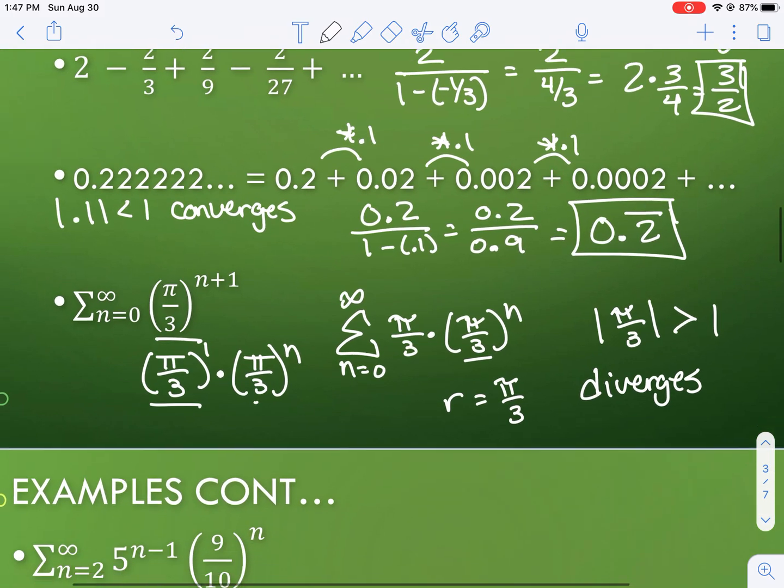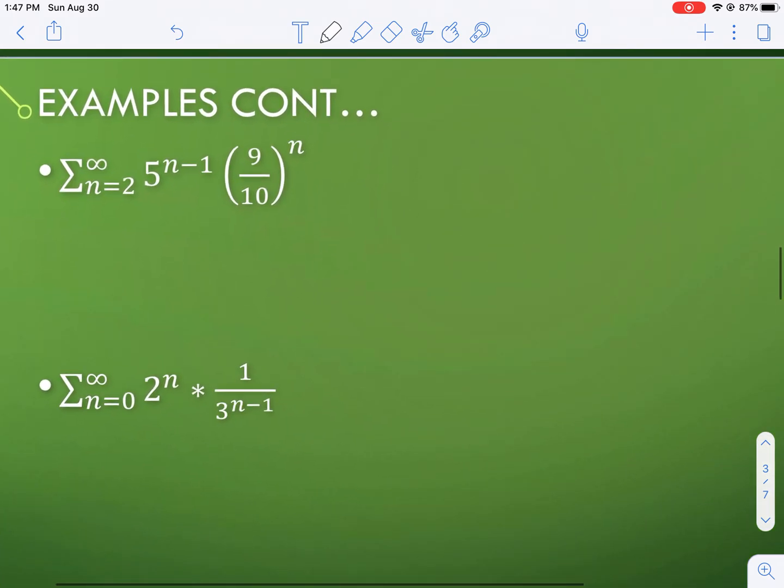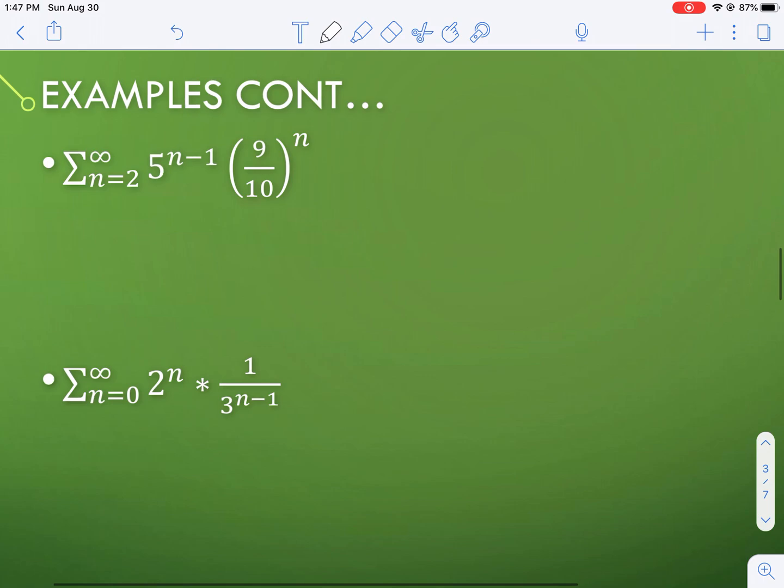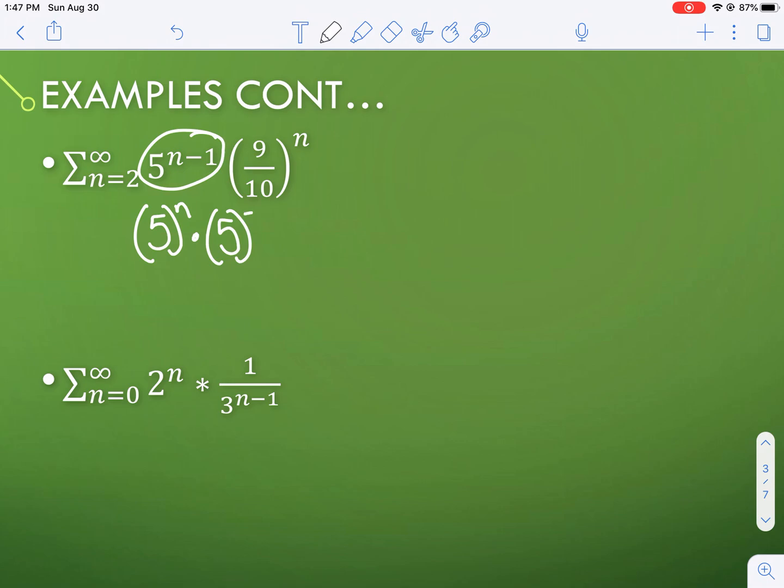So let's do a couple more examples with some manipulation here. Again, we're going to manipulate it to see where the series would start, and then what the ratio is to get between the terms. I'm going to rewrite this 5 to the -1 as 5 to the n times 5 to the -1st, and this 9/10 to the n did not change.